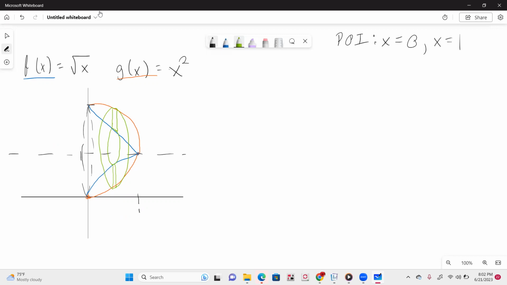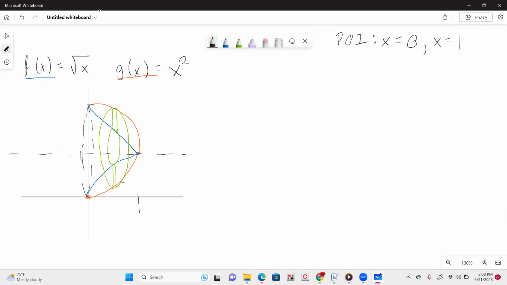Now, in order to find the values for the washer method, we have to take the pi r squared of the outer radius and then pi r squared with the inner radius. So in order to find our outer and inner radius, let's define a few things. The area under this curve here is our outer radius.